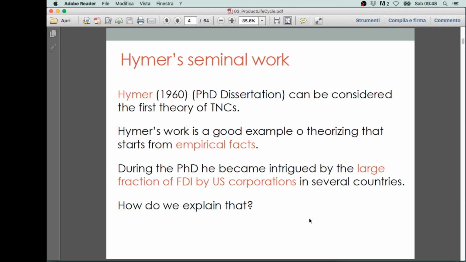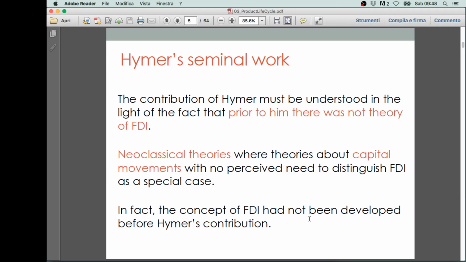So, in particular, the contribution of Hymer must be understood in the light of the fact that prior to Hymer, there was no actual theory of foreign direct investments.